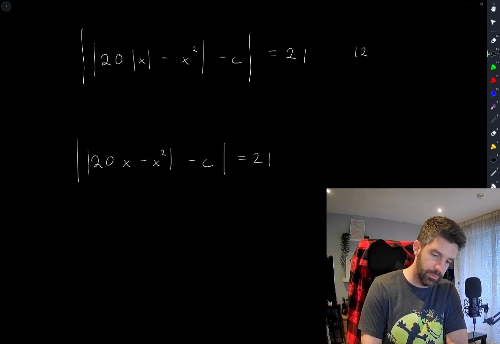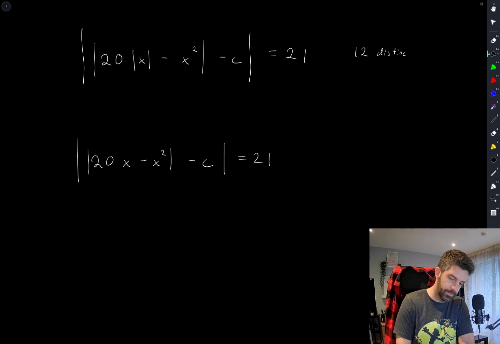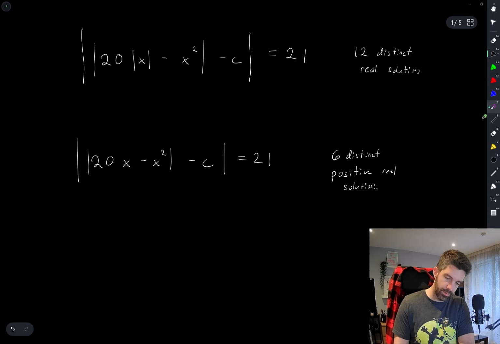This having 12 distinct real solutions is equivalent to this having 6 distinct positive real solutions. Right? If I have a positive real solution to this, replace x with negative x, and that gives us a different solution.